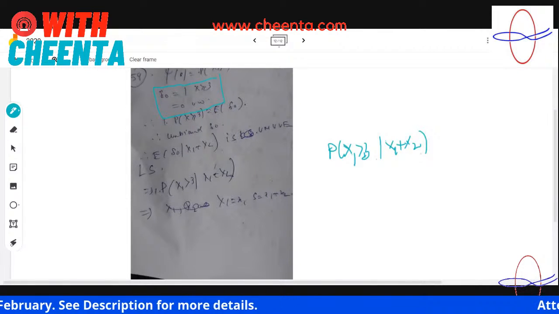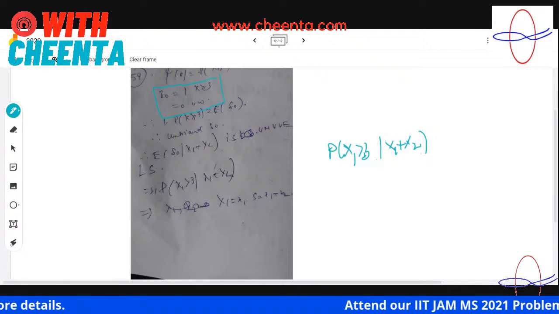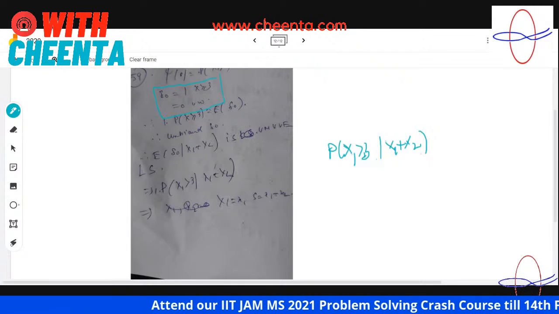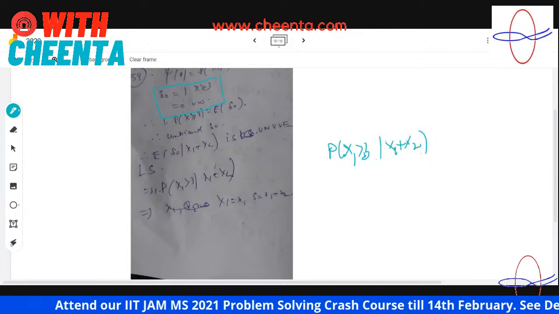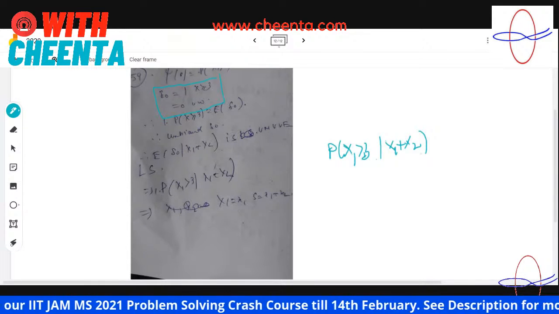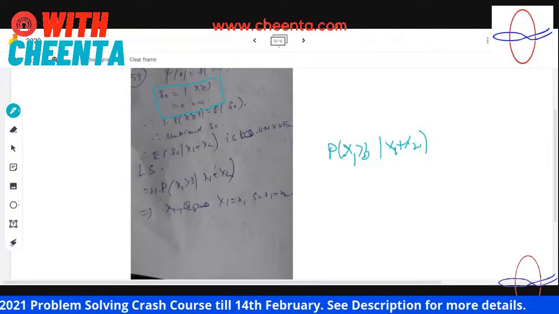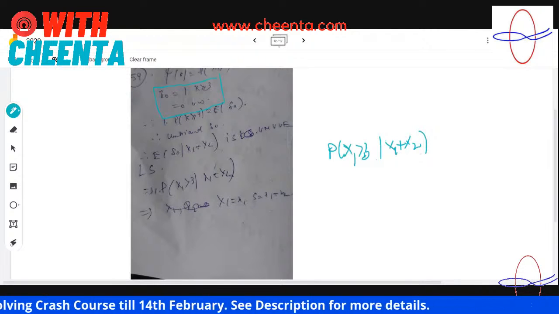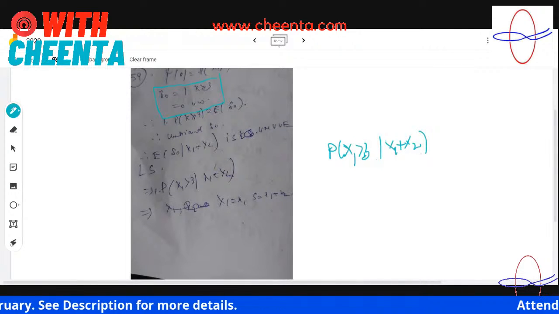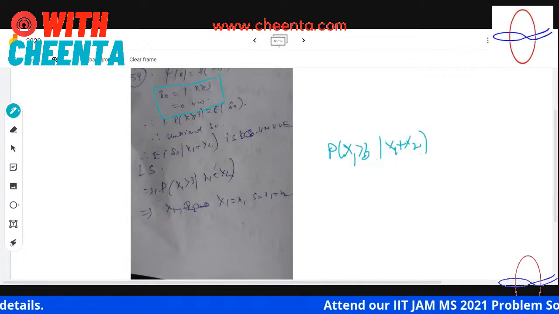Hemant is a nice way of looking into it. But, okay. Probability of x1 is equal to 0 and x2 greater than or equal to 4.